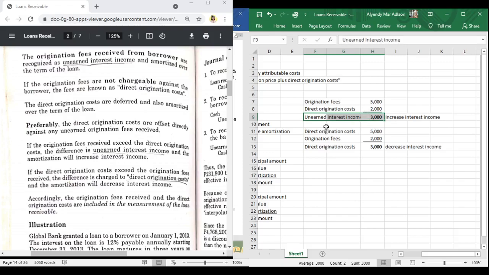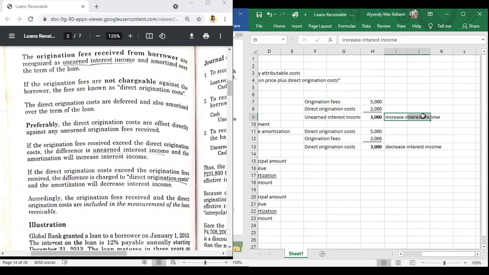Because take note, this unearned interest income came from our origination fees. So meaning, the customer pays two things. First, the interest stated in the contract itself, let's say 8% interest, plus this origination fees. So, that's why when there is unearned interest income, interest income still increases.